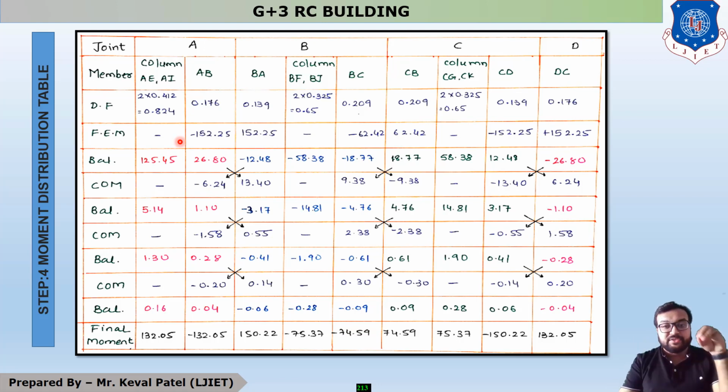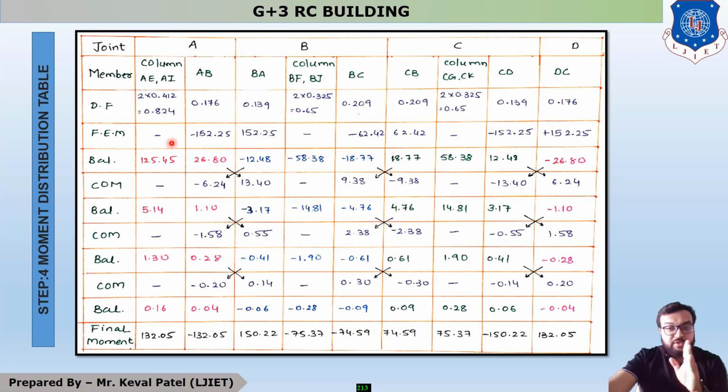So you have to balance by plus 152.25 moment at junction A. So plus 152.25 into the distribution factor, which is 0.824, gives your answer plus 125.45.